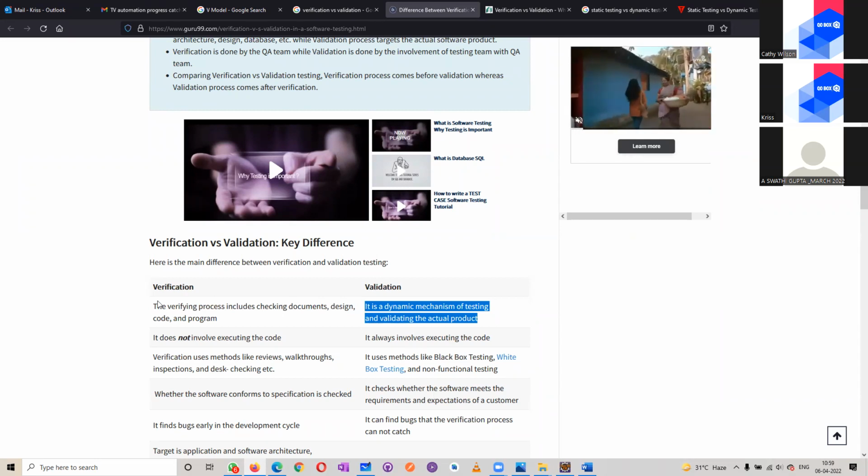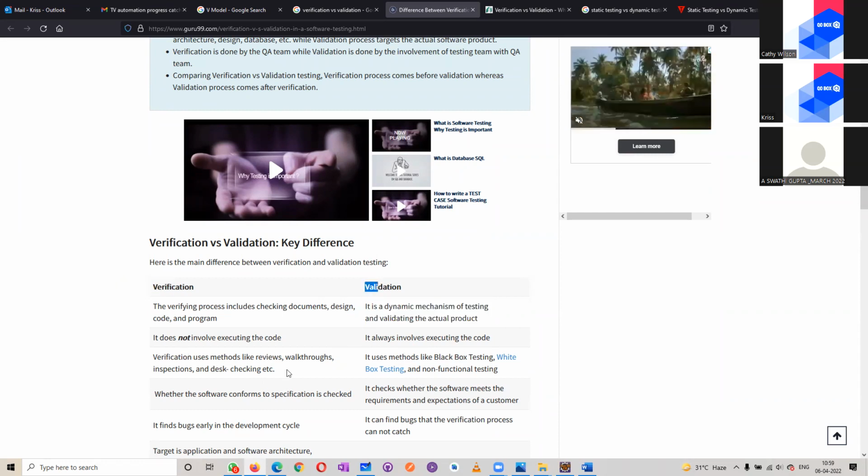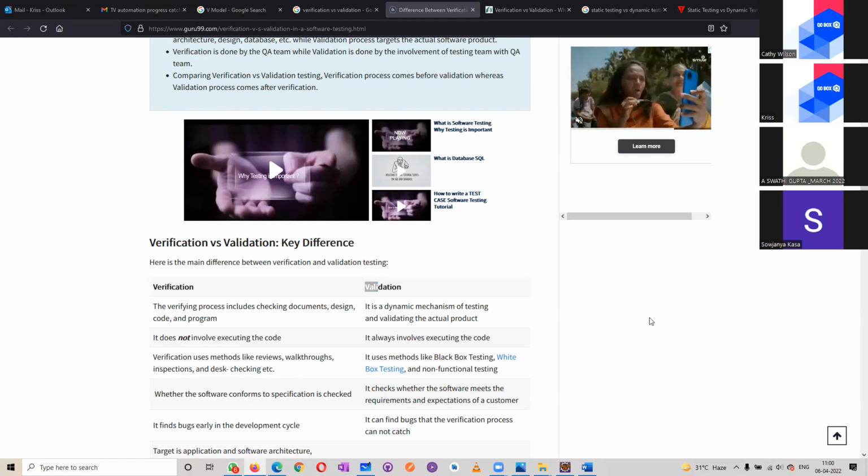So when you're writing your test cases, you have to be very cautious whether you need to use verify or validate. Which is the appropriate word when you want to use it in the test cases? Validation. Verify, sir.